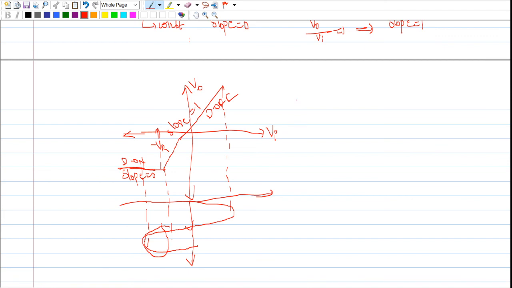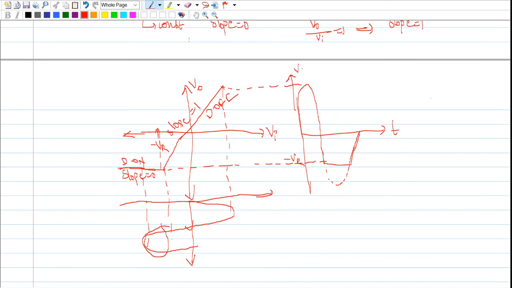Negative clipping with negative reference voltage, we can get this part of the input signal. The actual input signal is like this, and we can get this part only. This is the output waveform of the negative clipper with negative reference voltage. This is about the shunt clippers.